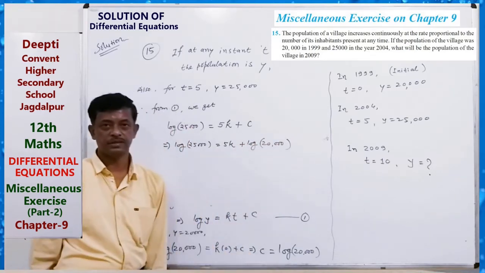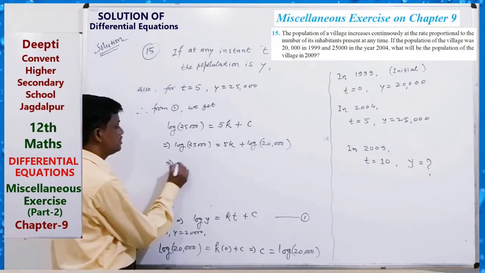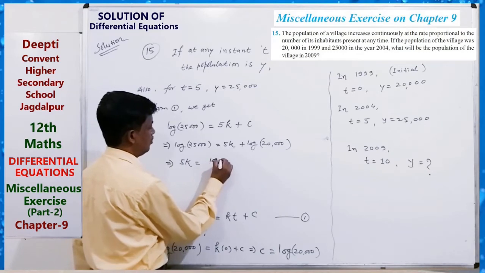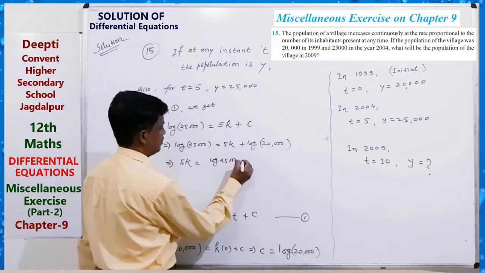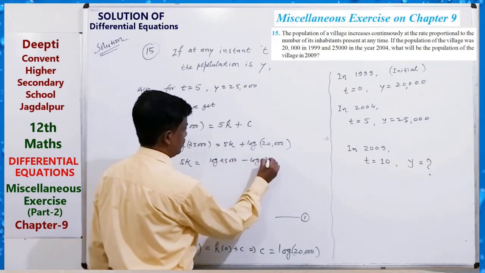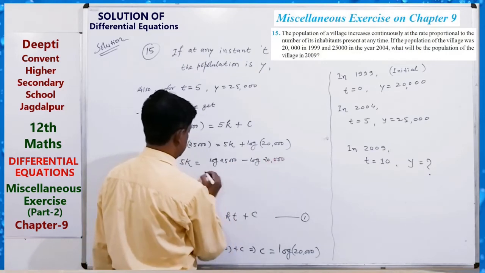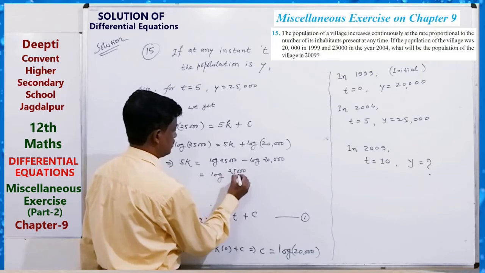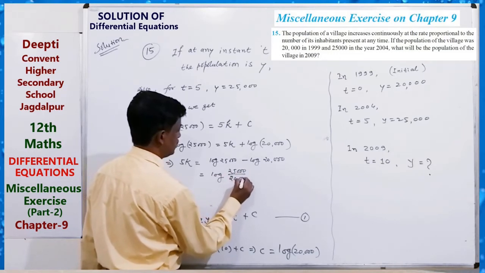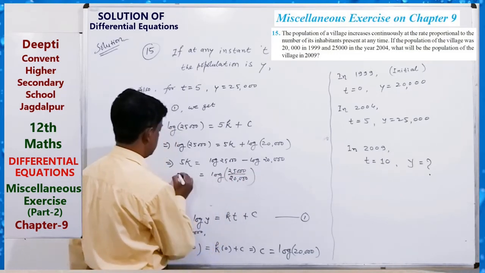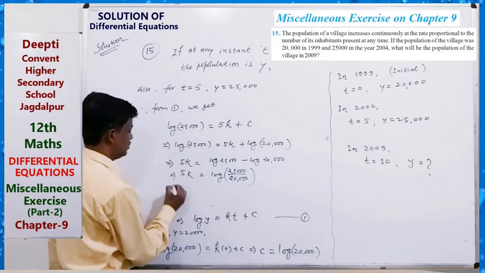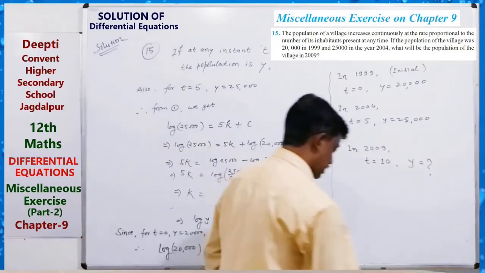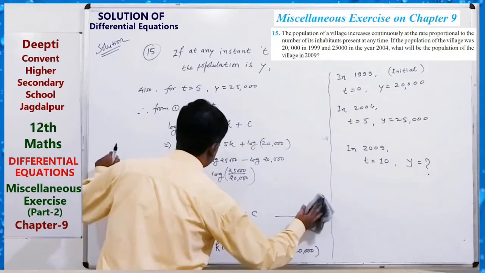Put the value of c. So from here we see that 5k equals log of 25,000 minus log of 20,000, that is log of 25,000 upon 20,000. 5k equals this, which implies k equals what? Cancelling, 5 by 4.